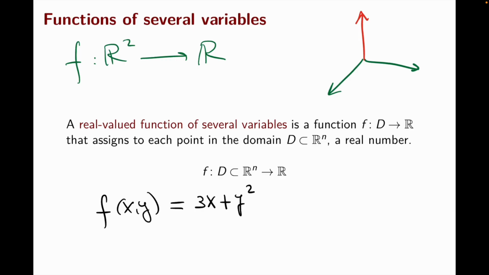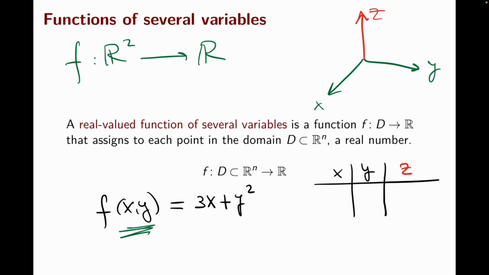Well, the idea is that our table is going to have values for x, y, but then we're going to have an axis for the actual output, the z-axis here. So the x and the y are going to be for the points in the domain, and the z is going to be for the result, for the output.